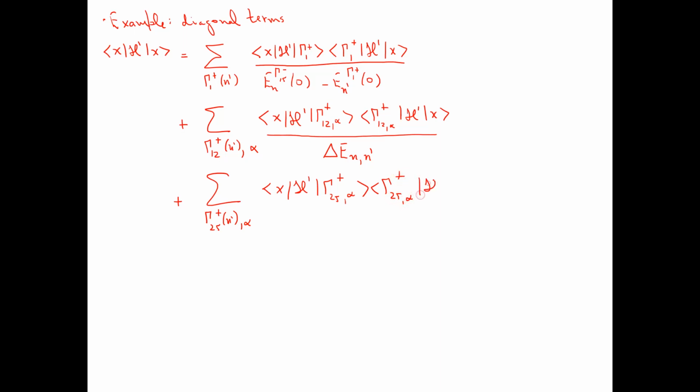And the relevant energy denominator in this case. And finally, the last term, the intermediate states are gamma 1 5 plus, it's the same idea, right?